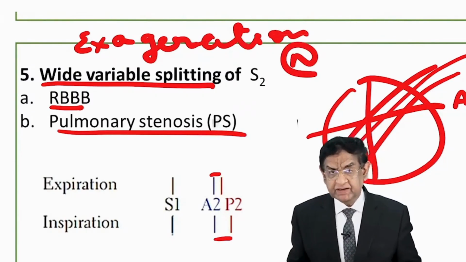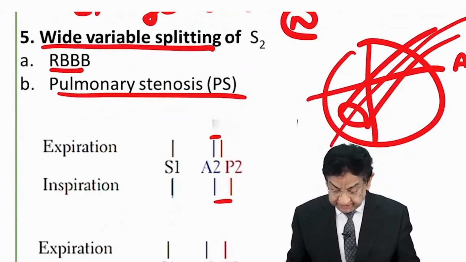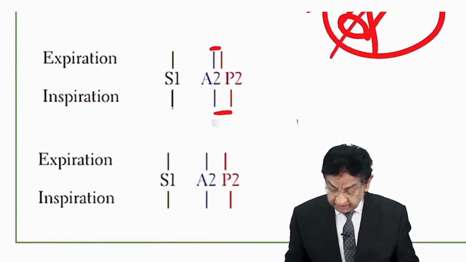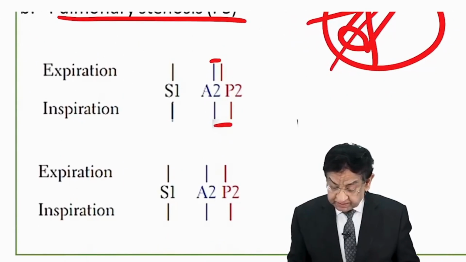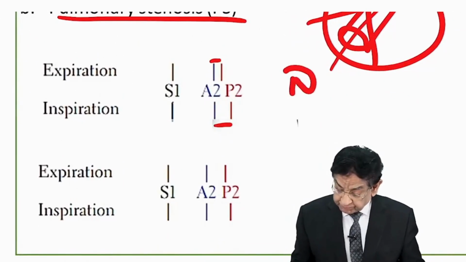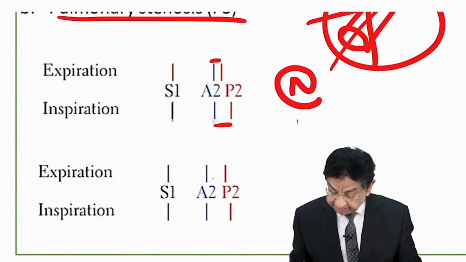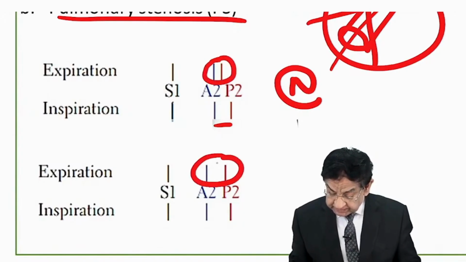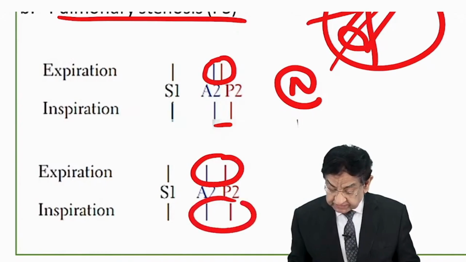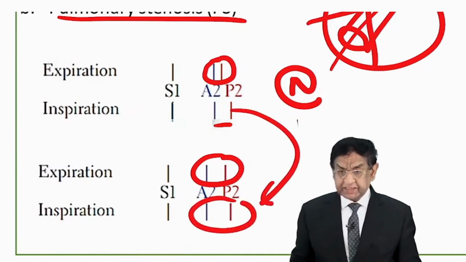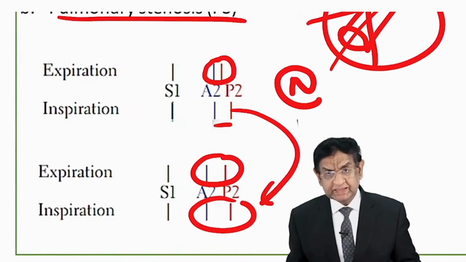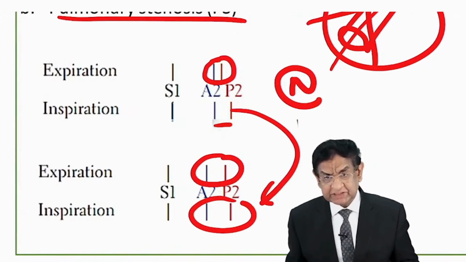The interval, you can see both are increased. This is normal, and now you can see the same in expiration. Look into this normal, and this is the same. So as I told you, it is simply what is happening normally, but it is exaggerated.